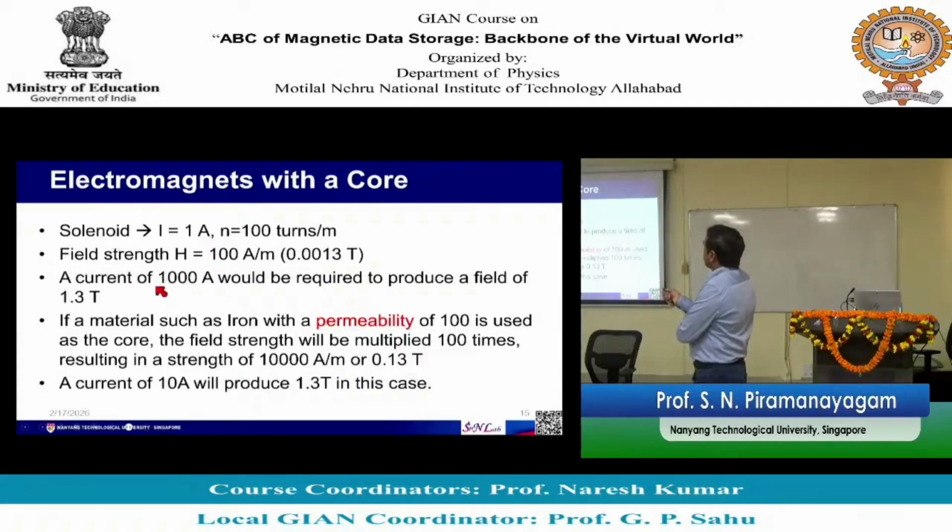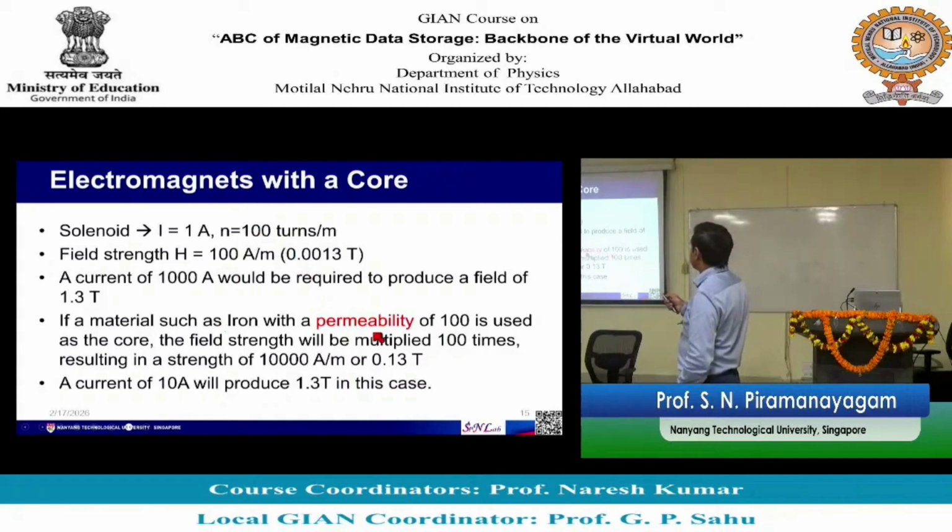If you want to produce 1.3 Tesla, which is commonly available in many labs, just using a solenoid you need to send 1000 ampere, which is too large a current. On the other hand, if you insert a ferromagnetic material of permeability 100 inside the solenoid, you will be able to amplify this field.